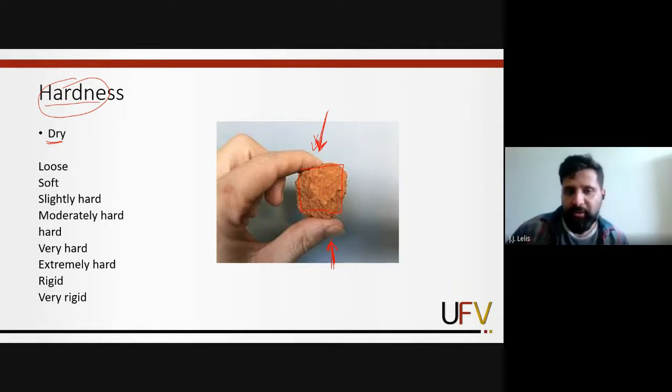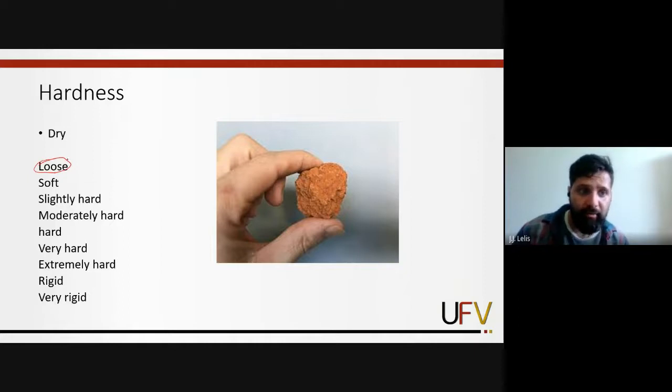If I just try to catch the aggregate and I already broke it, that's a loose hardness. It's a loose consistency. It's quite easy to break. If I put some power here, but I can still easily break it, I have a soft consistency.